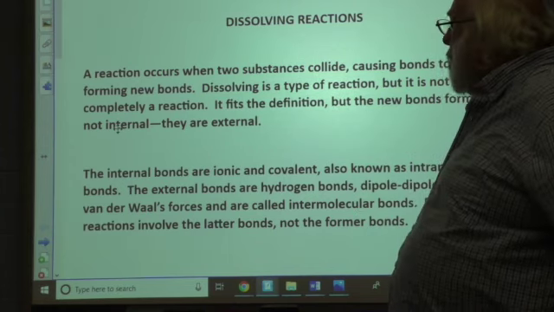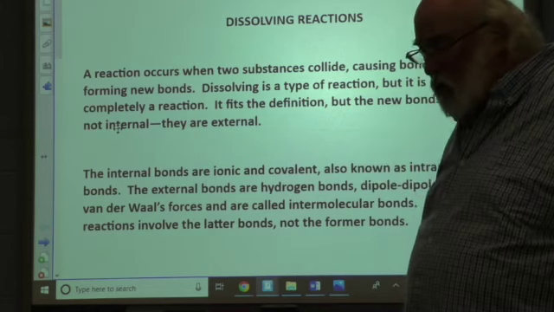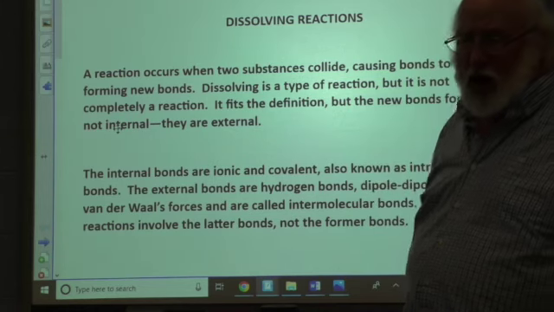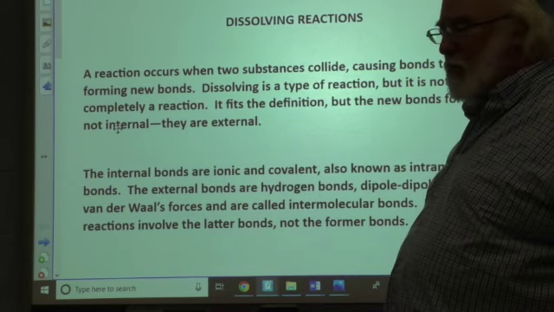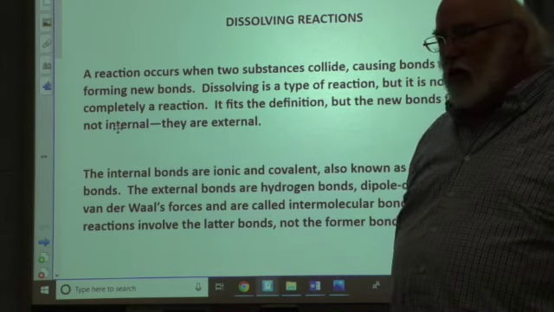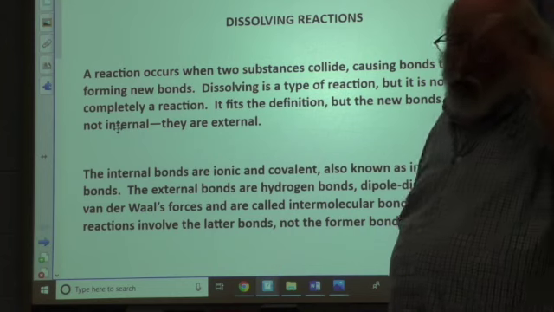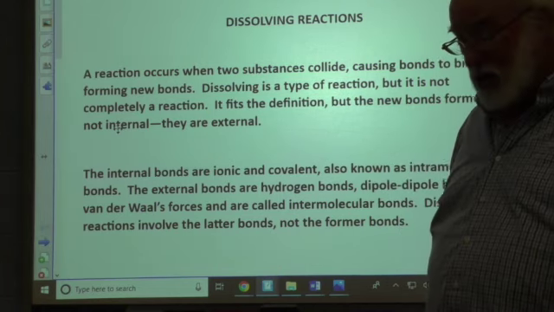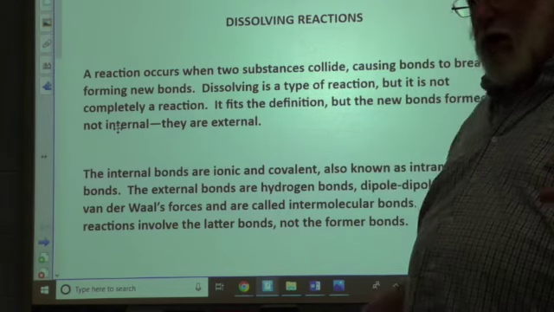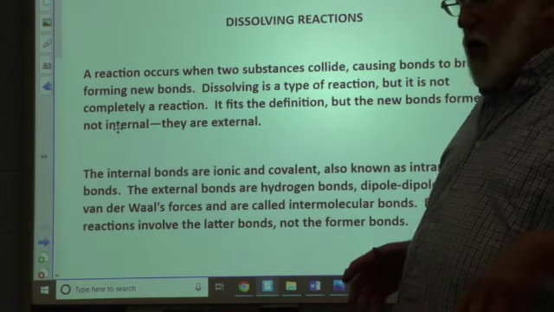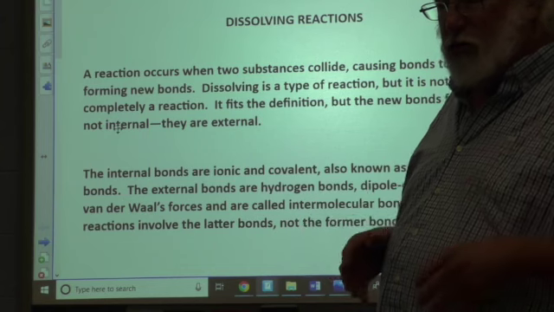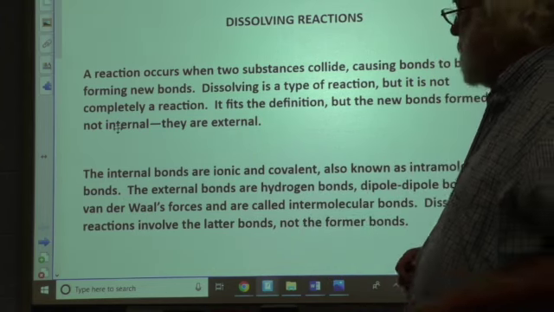This is a good example of this. We're going to deal with dissolving reactions. Now, we did do some dissolving talks last year. I sent a bunch of stuff out for that. We're going to really reinforce it now. We also talked about reactions last year, and we did talk about that before the pandemic hit. So this should hopefully become somewhat familiar to you, especially after we talk about it.